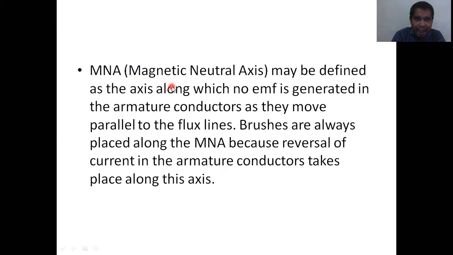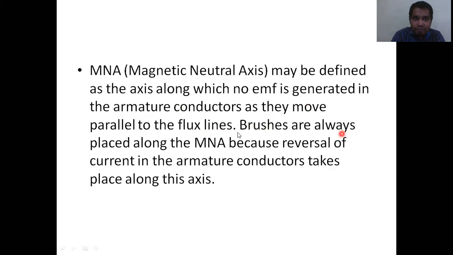The MNA may be defined as the axis along which no EMF is generated in the armature conductor as they move parallel to the flux lines. So it is not cutting flux, so there is no flux linkage, and then no EMF will be induced.